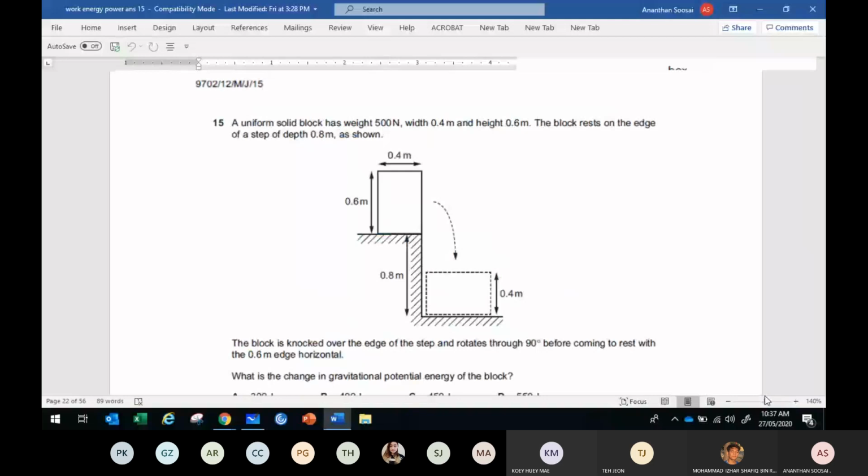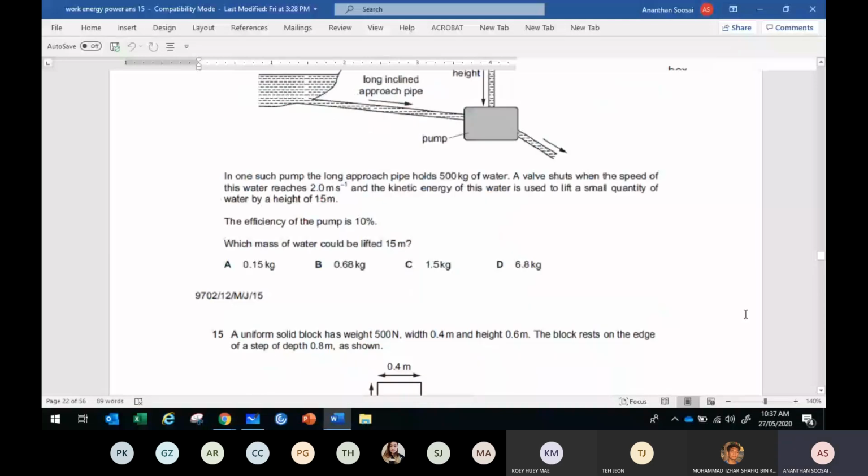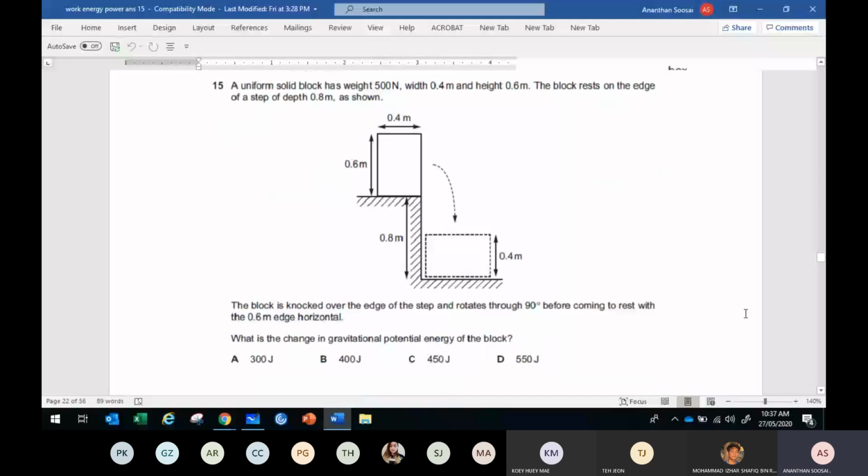This is page 34, question 50. 1 minute for you. What is the change in gravitational potential energy of the block?